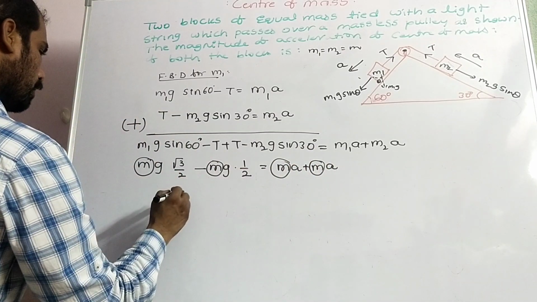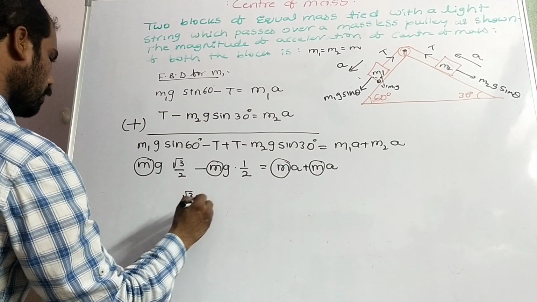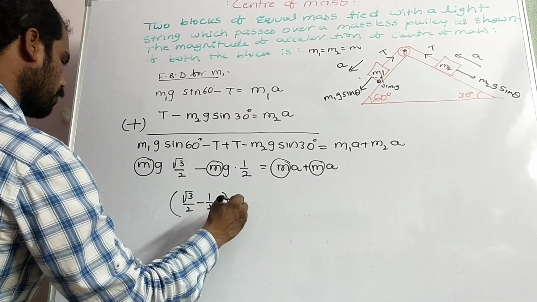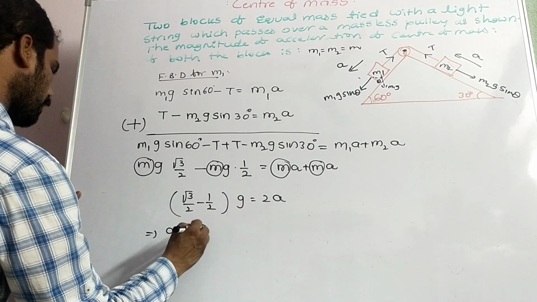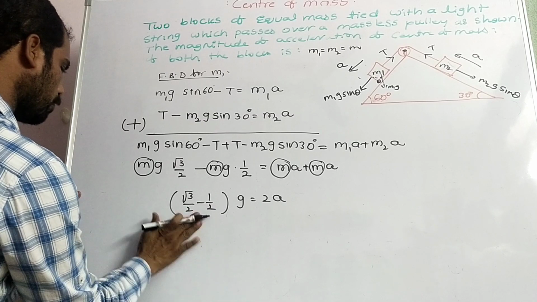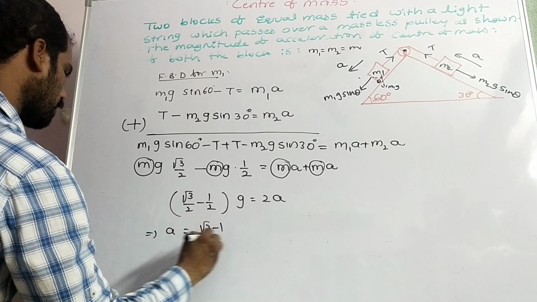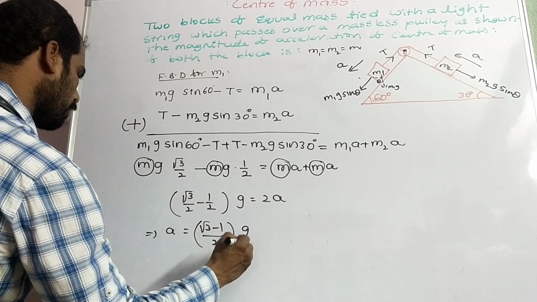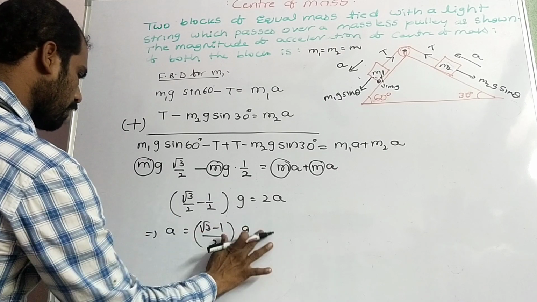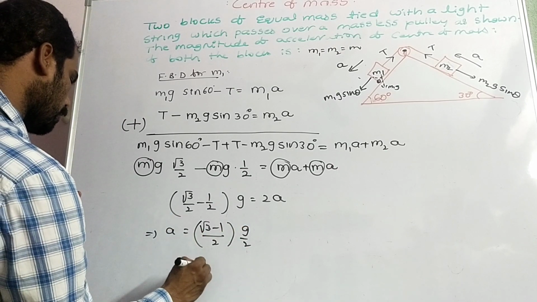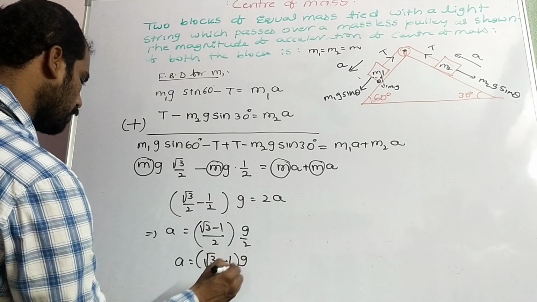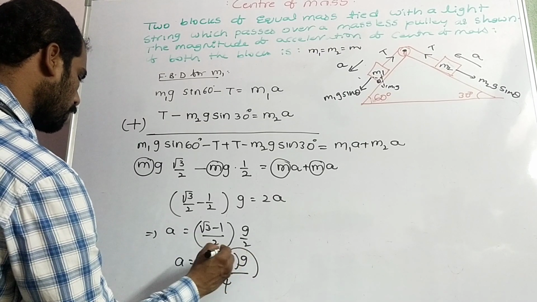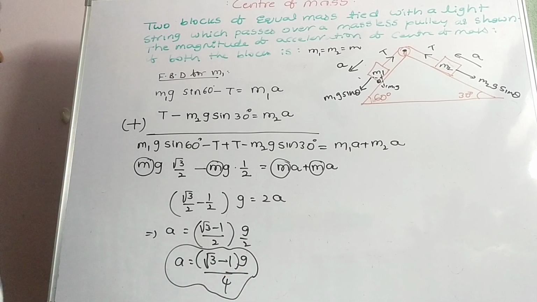So (root 3 by 2 minus 1 by 2) into g is equal to 2a. That implies a is equal to (root 3 minus 1) by 2 into g by 2. Finally, acceleration a is equal to (root 3 minus 1) into g by 4.